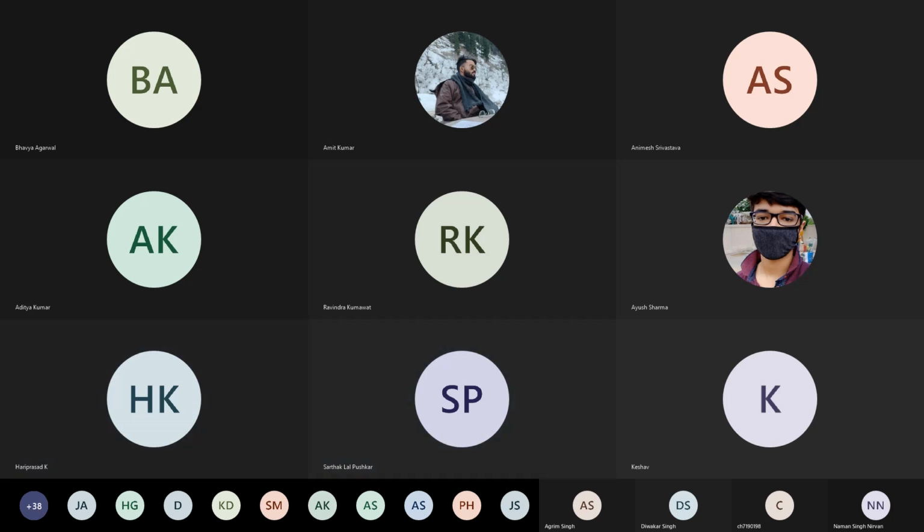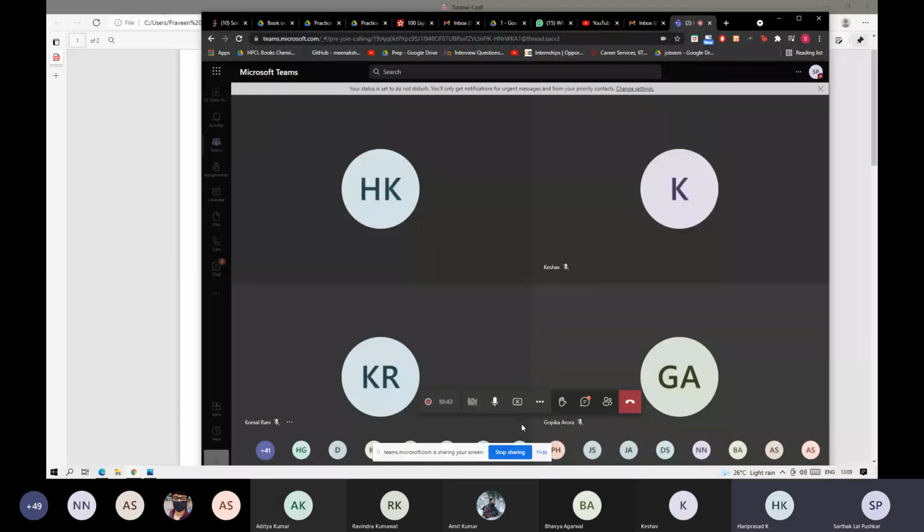No. Try unsharing and sharing. Time is anyways getting wasted, so let's do it quickly. Yeah, at least the sound is better. There is not much disturbance as of now. Yes, the screen is visible. Now you can show the tute.